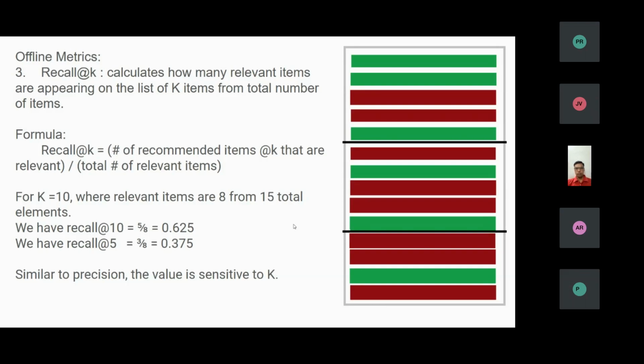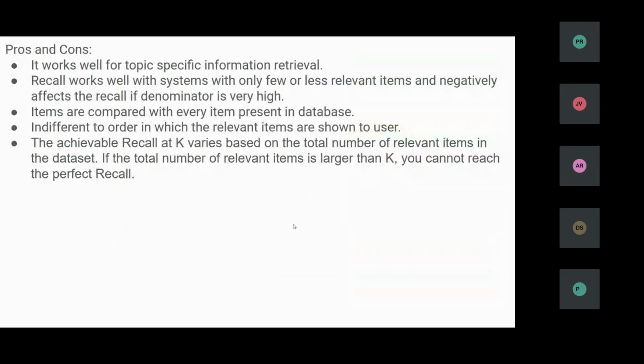So similar to precision, the value of k is sensitive. But recall solves the problem of precision and is used to check the quality of the output list by relevant items. So pros and cons, it works well for topic specific information retrieval. Recall works well with systems with only few relevant items and is negatively affected if the denominator is very high.